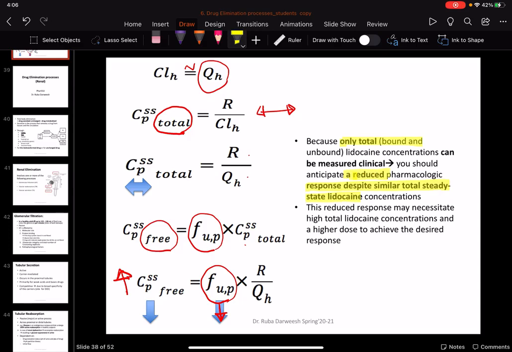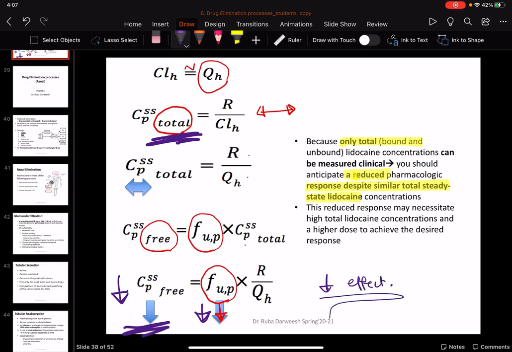I have this wrong, please correct it at your side: if this is decreased, this would be decreased. Sorry for this mistake. So despite the fact that the total concentration you measure won't be different, you are expecting a decrease in the free steady state concentration, which means a decrease in the effect of the drug. And why is that? Because we have an increase in the level of the protein, so the fraction unbound, or the free, would be less.